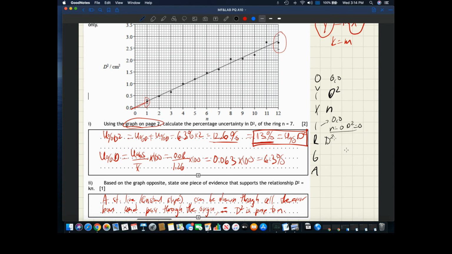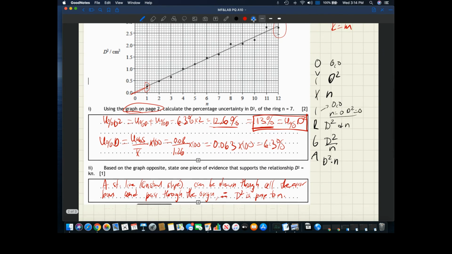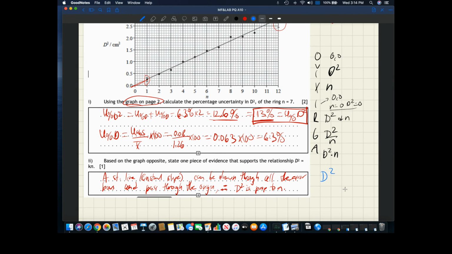We can read values of D squared and N. The gradient is D squared over N. And the area is D squared times N. And the equation we were given was D squared equals Kn. So K then is D squared over N, which is the slope of this line. So what we are looking for is the slope of the line.